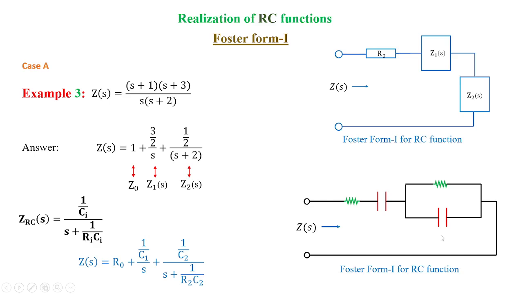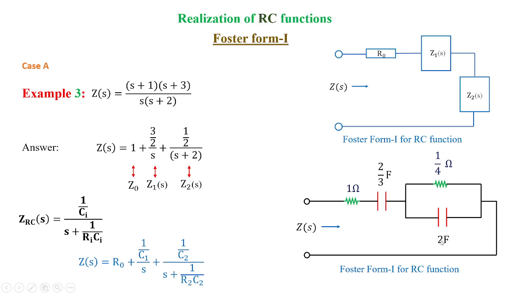Just replace the values where we have resistance as 1 ohm, the capacitance value as 2 by 3 farads. The resistance for the parallel combination is obtained as 1 by 4 ohms, and the capacitance value for this parallel combination is obtained to be 2 farad.